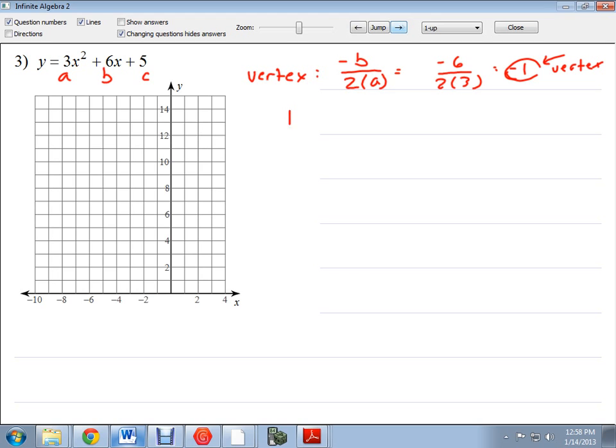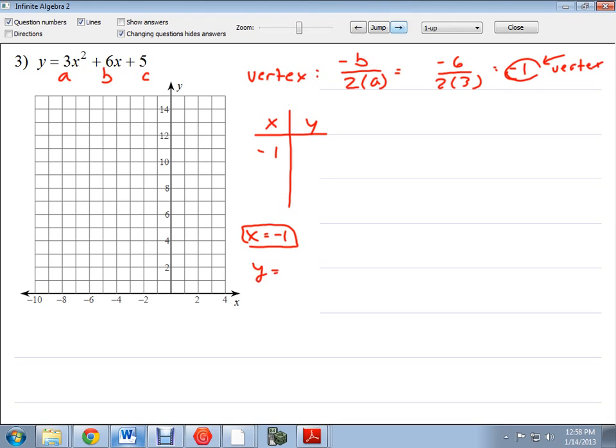Okay? So I'm going to go ahead and draw myself a little chart, x and y. Negative 1 is going to be one of the points that I plug into this. Okay? So I'm going to go ahead and start that calculation. X equals negative 1. And we're going to calculate out what the y value is at that given place.